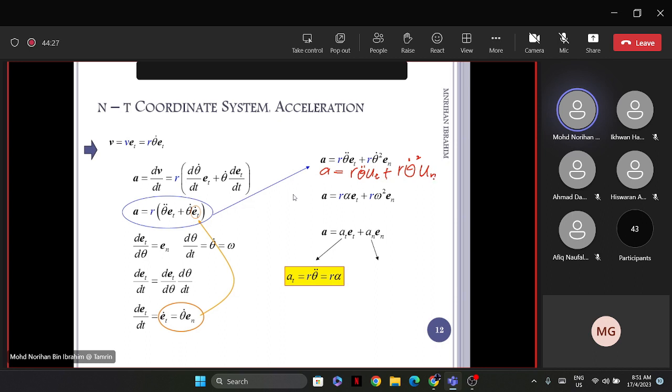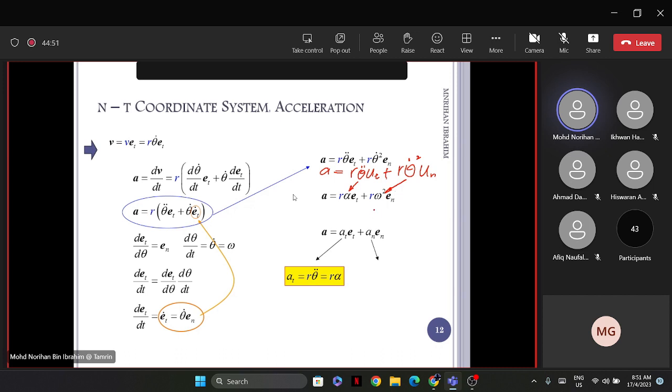UN or EN represents the unit vector. Or we can write it down as A is equal to R theta double dot, which is equal to alpha. Alpha is the angular accelerations. Theta dot is equivalent with omega, the angular velocity.